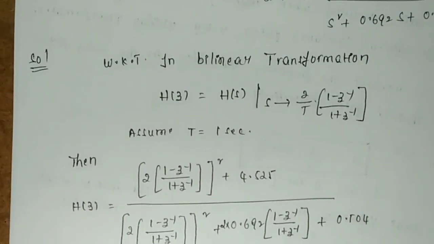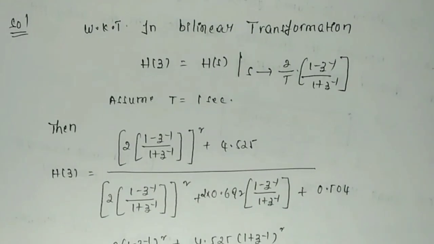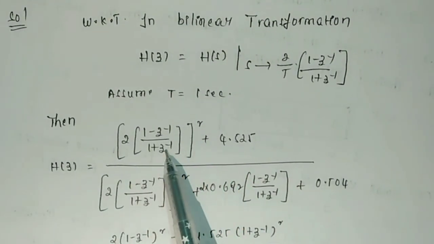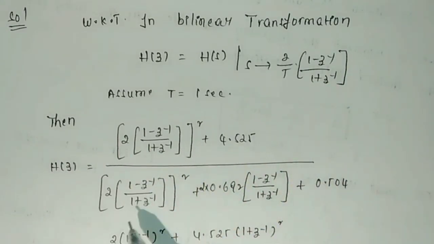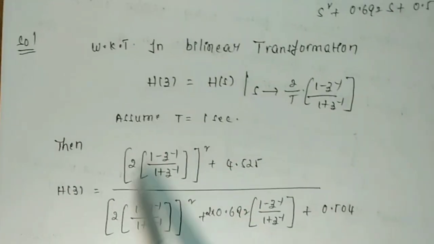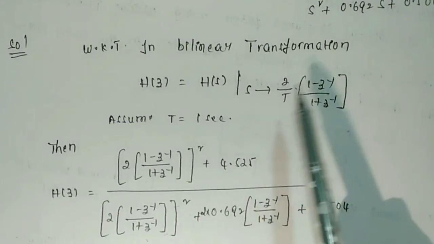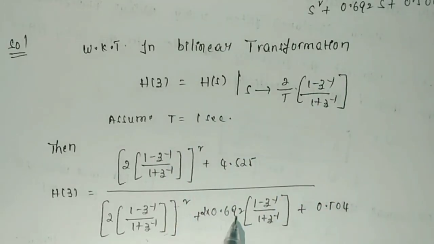So I have substituted here: in place of s square, 2 into (1 minus z inverse) by (1 plus z inverse) whole square, plus 4.525, divided by s square, again 2 by T into (1 minus z inverse) by (1 plus z inverse) whole square, plus 0.692 into s, where s means 2 into (1 minus z inverse) by (1 plus z inverse), plus 504.